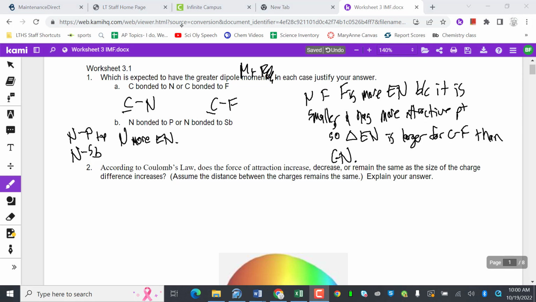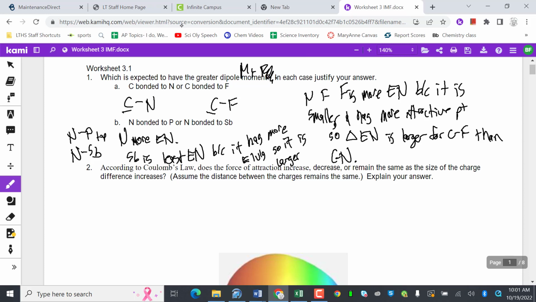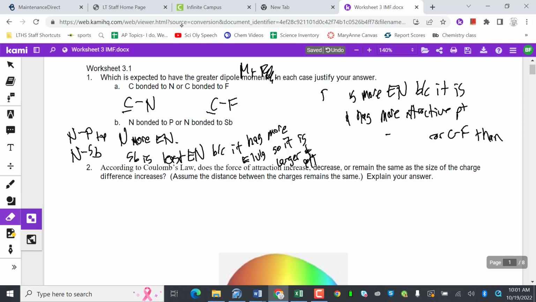So nitrogen is more electronegative. That means Sb is least electronegative because it has more energy levels, so it is larger and attracts electrons worse.